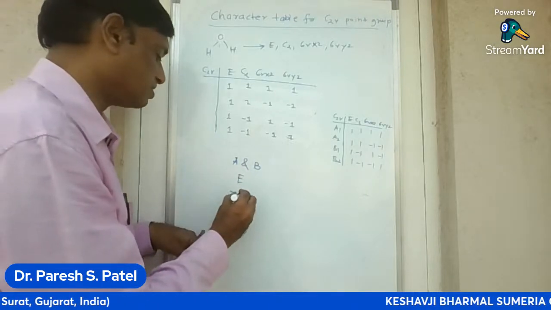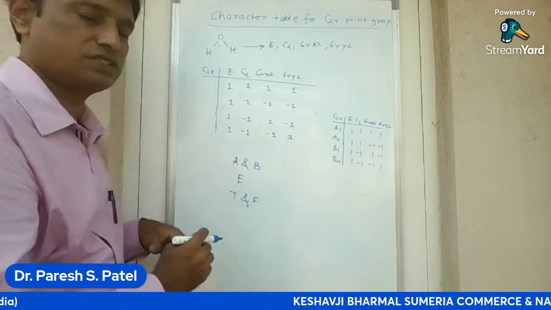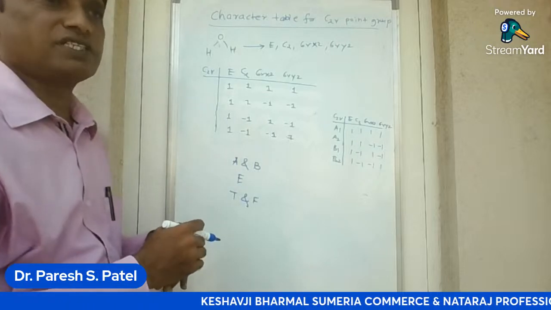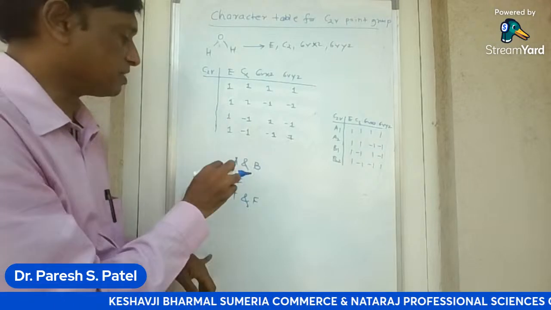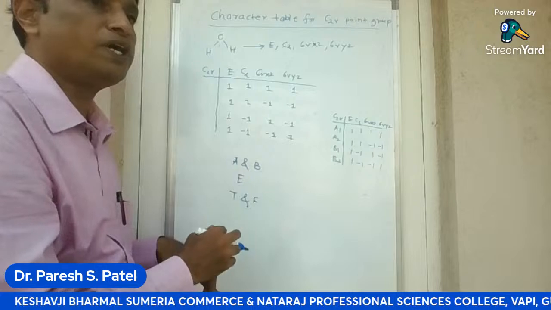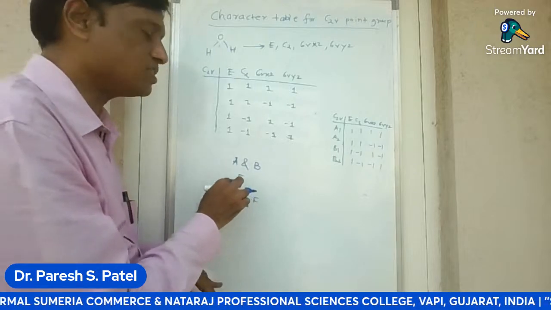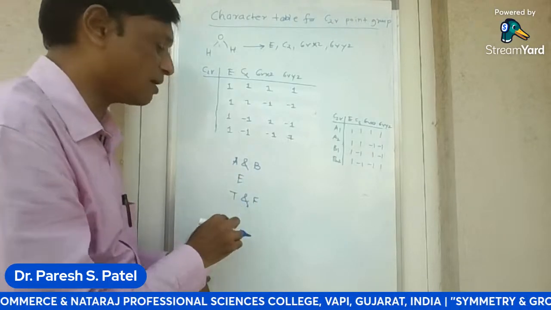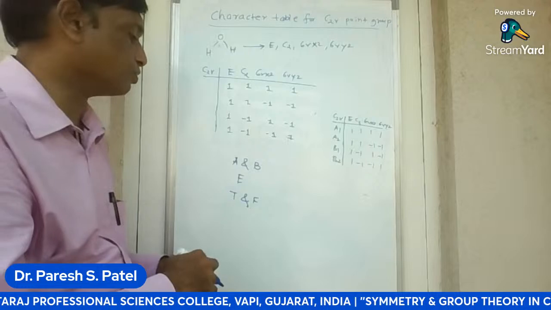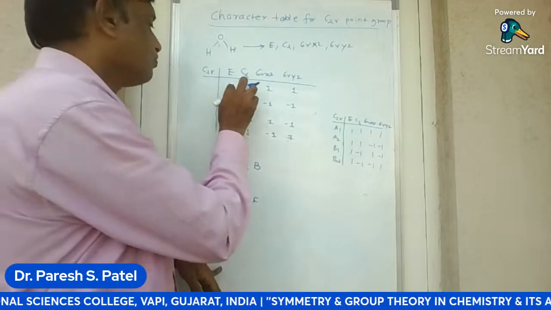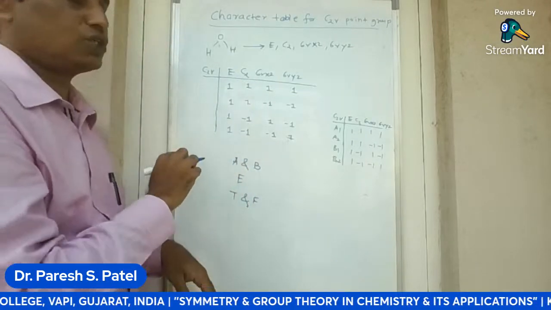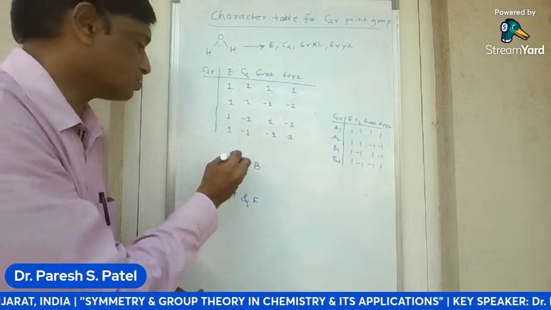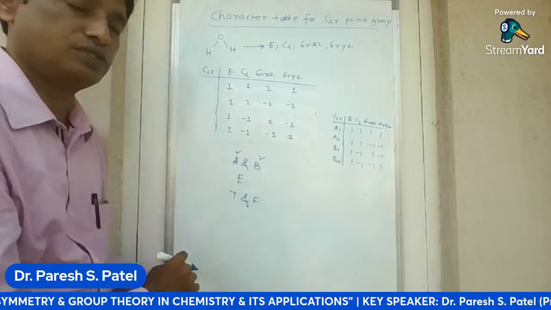And for three-dimensional, T and F can be used. Okay, 1, 1, 1, 1, so all are one-dimensional. So A or B can be used.